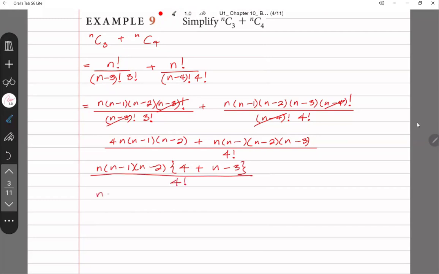This becomes n into (n minus 1), (n minus 2), and then this is n plus 1, over 4 factorial.